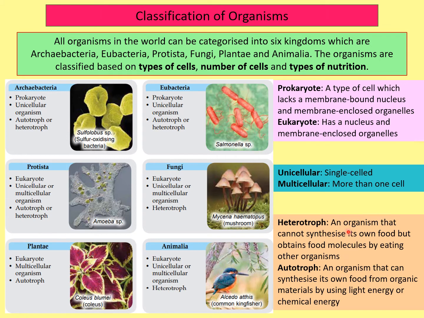Heterotroph means an organism that cannot synthesize its own food but obtains food molecules by eating other organisms. And Plantae is autotroph. Autotroph means an organism that can synthesize its own food from inorganic material by using light energy or chemical energy. So Plantae is a green plant, so it can carry out the process of photosynthesis.